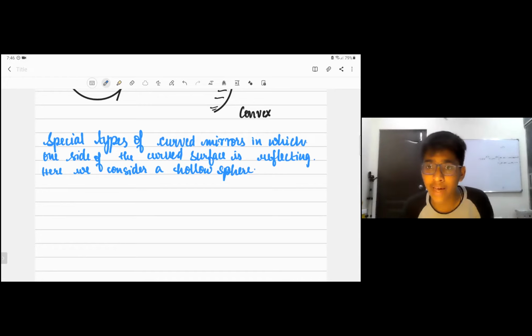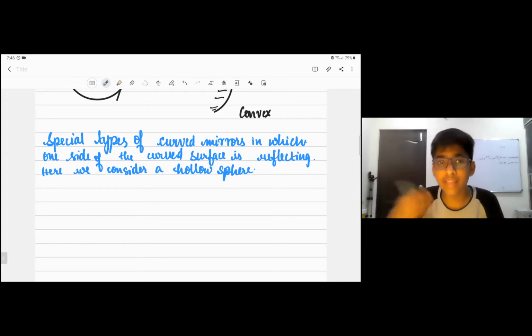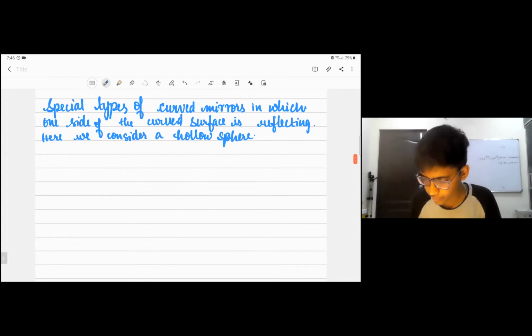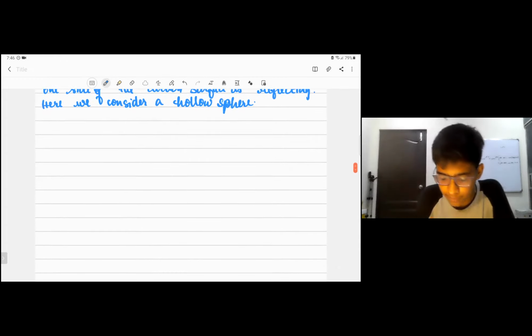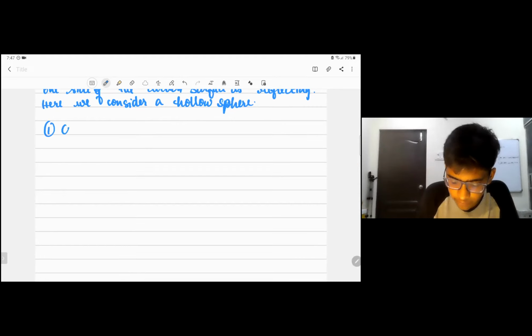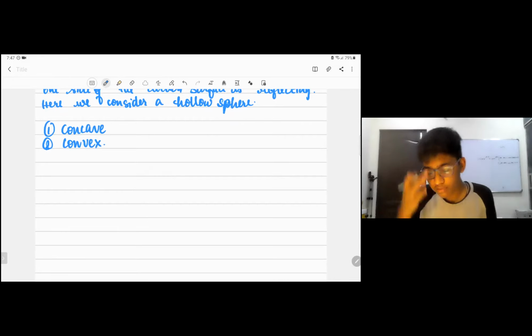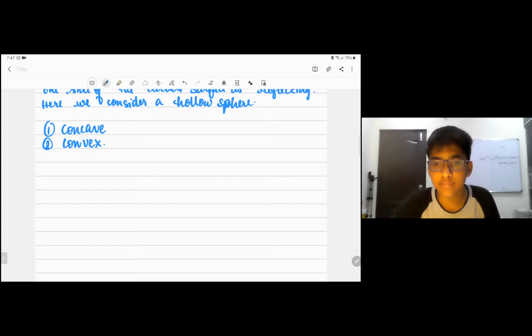How that mechanism happens, we will discuss in the human eye and colourful world chapters. Now we have two types of spherical mirrors: one is concave and the second one is convex.